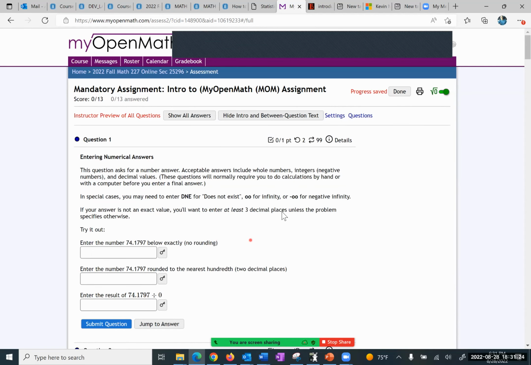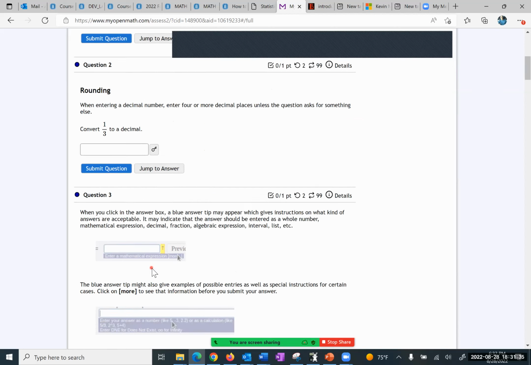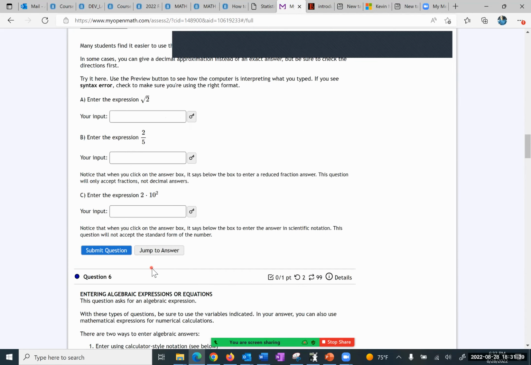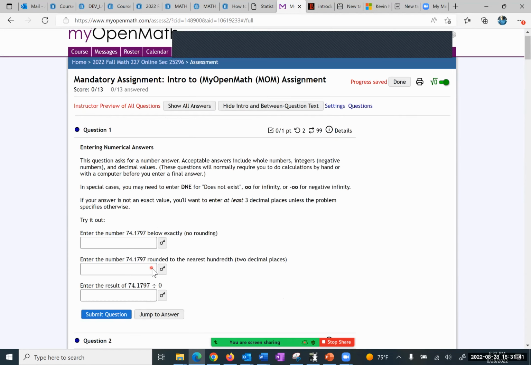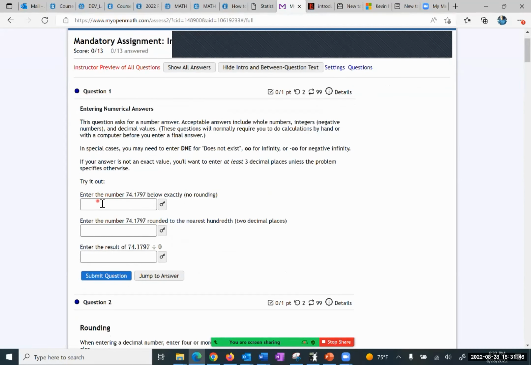Now, I just want to show you the concept of how your homework is handled and how easy it is to get 100%. So remember, first, this is really not a lot of statistics. It's just telling you how to enter and use the math editor in case you need it. So the very first question, it says enter this number, right?